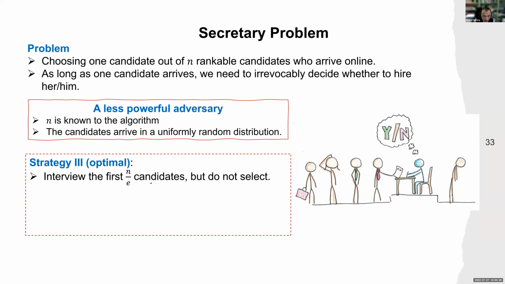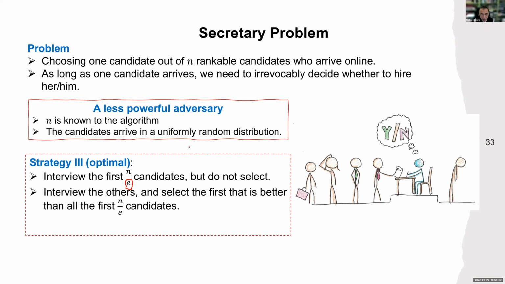So this E is 2.73 something, so that's a natural number, right? And then for the others, select the first one that is better than all the first N/E candidates. Doing this will give you a success probability of 1/E. So 1/E is better than 1/4, because E is less than 3.